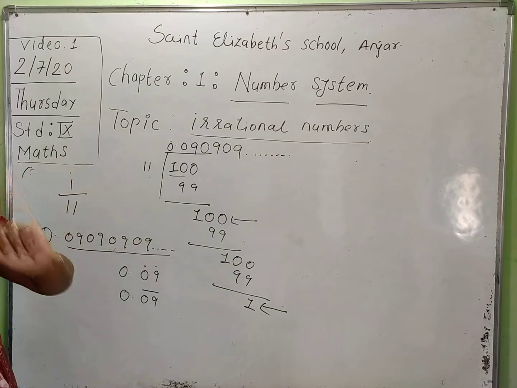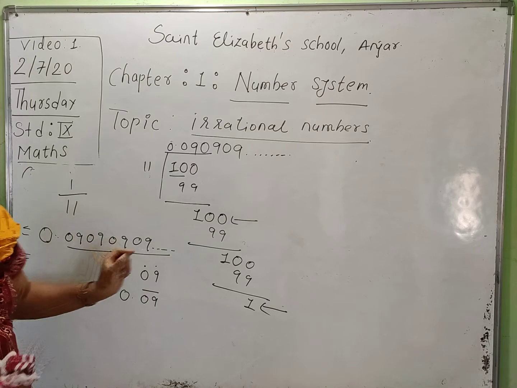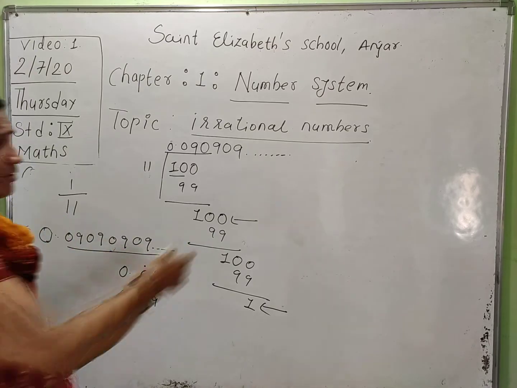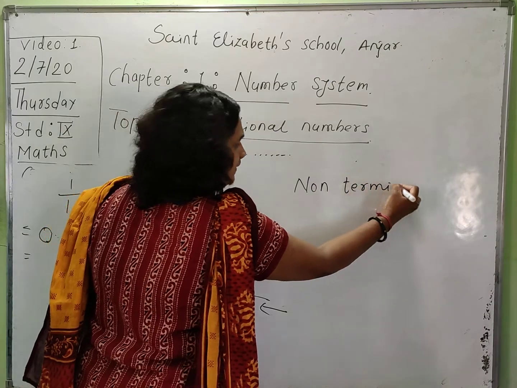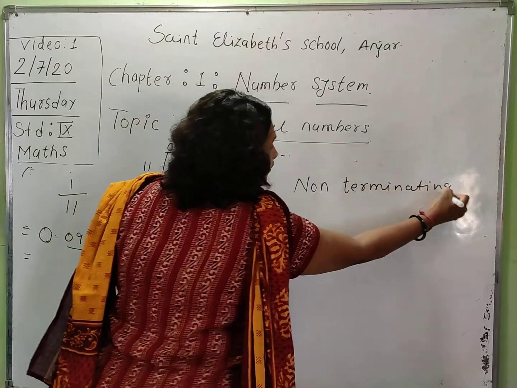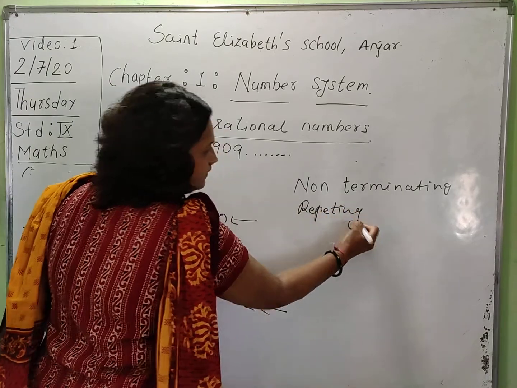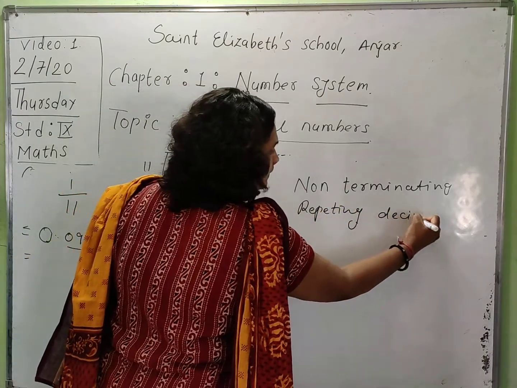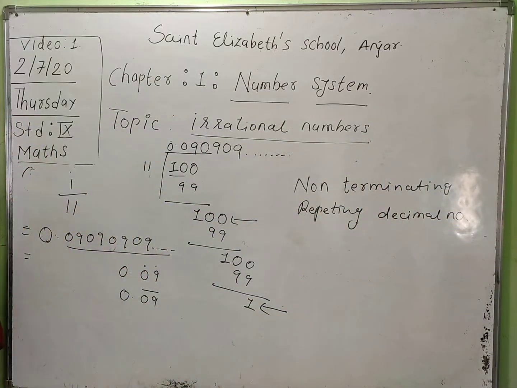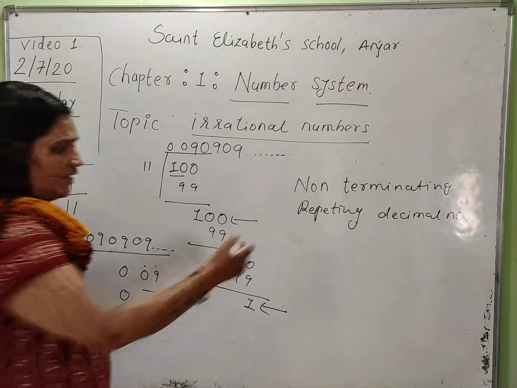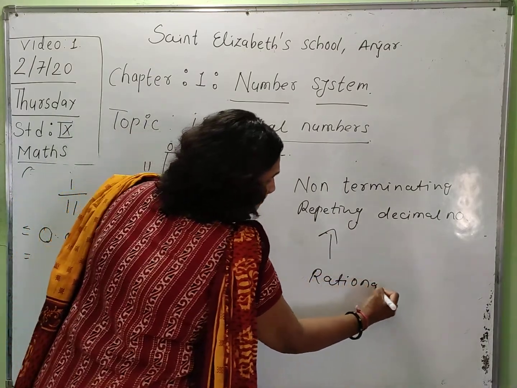It is non-terminating, it never stops, but the digits are repeating. So it is a non-terminating repeating decimal number. This is also a rational number.